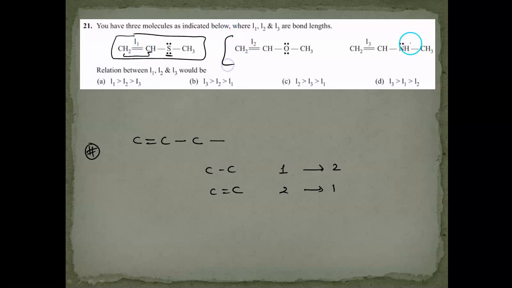Now over here for this one and this one, there is oxygen 2p orbital and carbon 2p orbital, so is the case with nitrogen also. So here we see the electronegativity. Nitrogen is less electronegative and therefore more willing to share the electron, and therefore the bond order will decrease drastically from 2, and therefore the bond will be longer. So L3 should be more than L2, which should be more than L1. So for question number 21, answer is B.